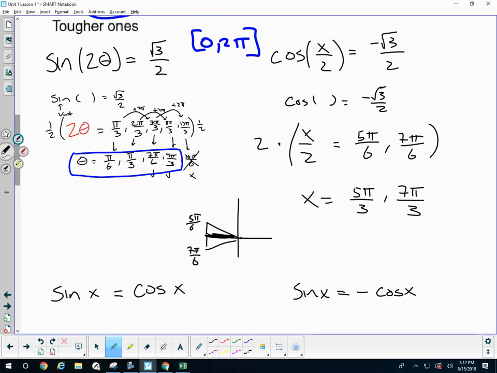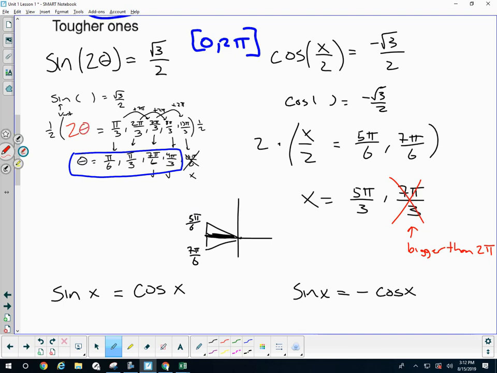Okay, am I done? Am I good? No. You can't have 7 pi over 3. This is bigger than 2 pi. Okay, so in the previous one, I had to expand. In this one, I actually needed to contract the angles that I looked at. But I can't figure that out until I do the manipulations and solve.